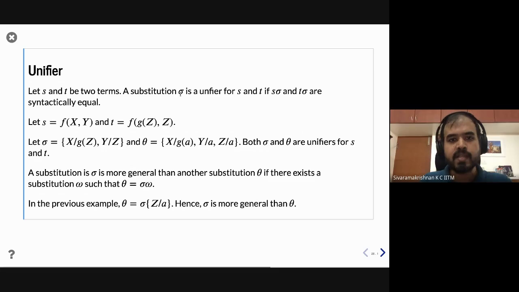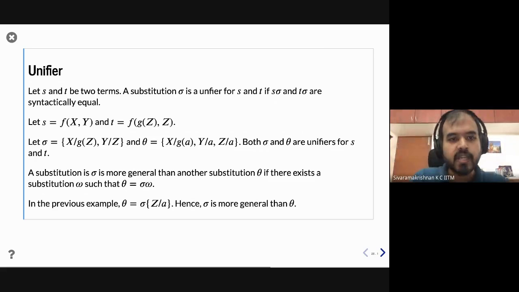Let sigma be some substitution. We call the substitution a unifier for S and T if sigma applied to S and sigma applied to T are syntactically equal. So given two terms, you have a substitution, and we call the substitution a unifier if you can apply the substitution to both of these terms and get the same, syntactically same, term.